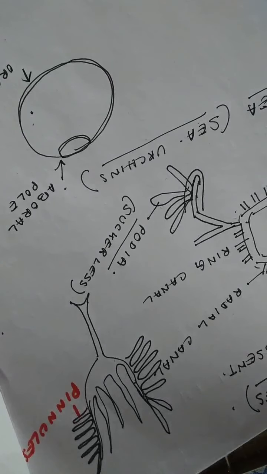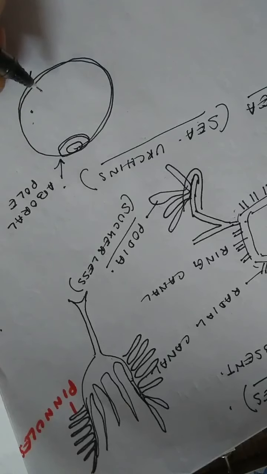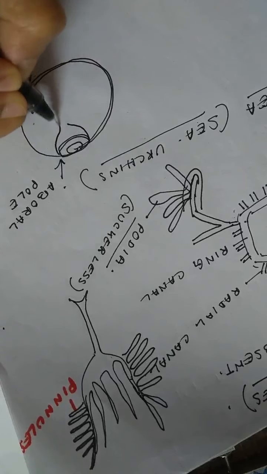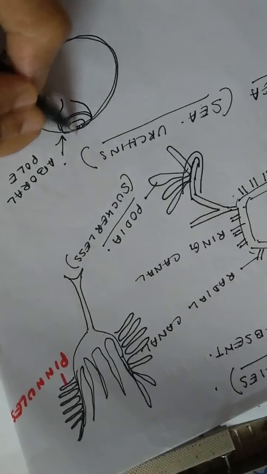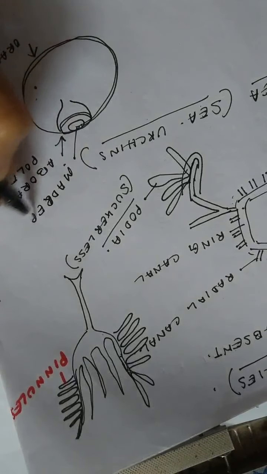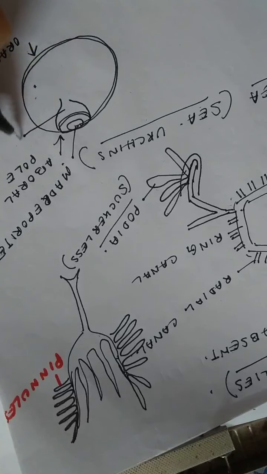Just like that of the Asteroidea, the madreporite is located on this aboral surface, and it leads into an ampulla. So this is the madreporite, which leads into a cup-shaped ampulla.